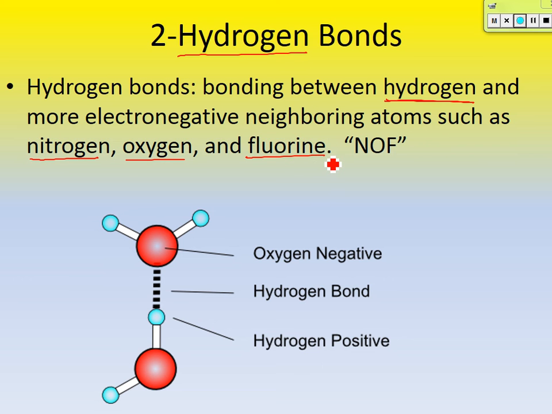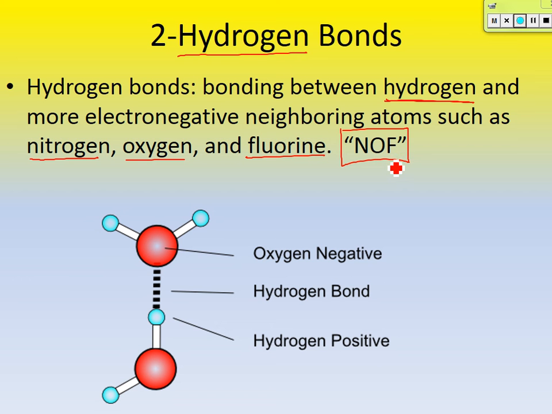So you've got to have a hydrogen, but it's also got to have either a nitrogen, an oxygen, or a fluorine. When I was learning this in chemistry, I just remembered NOF. You're going to hear me say that a lot in this chapter.